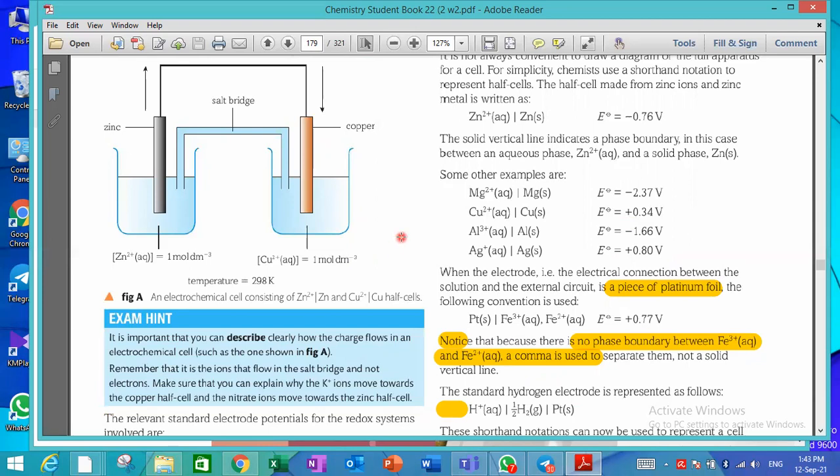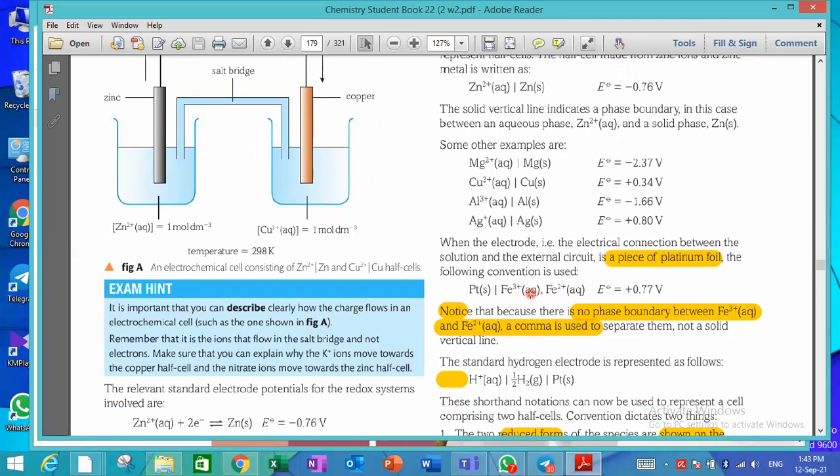Now, what if we have a half cell, but instead of a metal placed in a solution of its own ions, we have two ions dissolved in aqueous solution, and we are measuring the standard electrode potential between these two aqueous ionic solutions? So how are we going to write this half cell diagram?